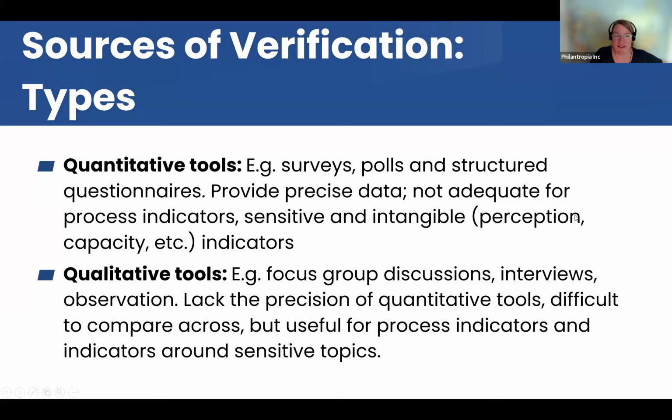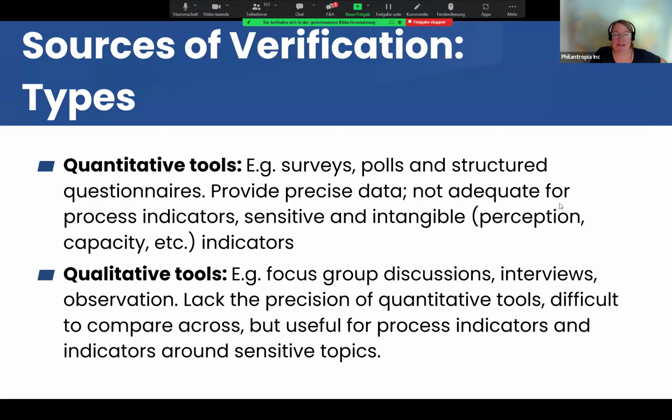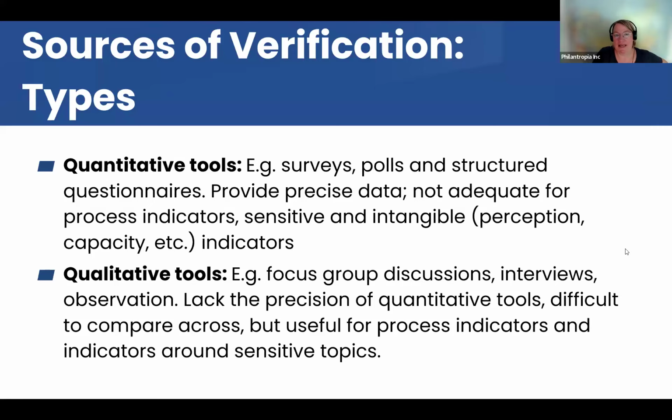So for process indicators, it doesn't work as well as for others, because at this level you just want to know if somebody attended, if people came, and the attitude change, etc. will be on a higher level. But especially when you do interviews, that can be time consuming and thus costly as well.